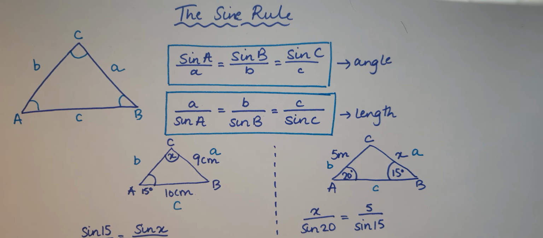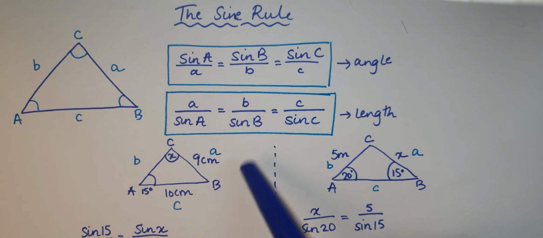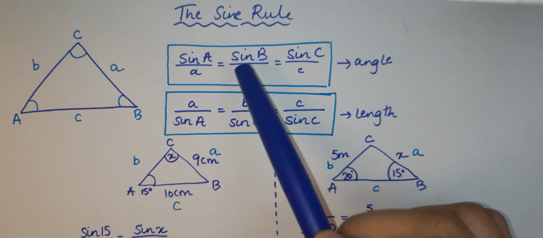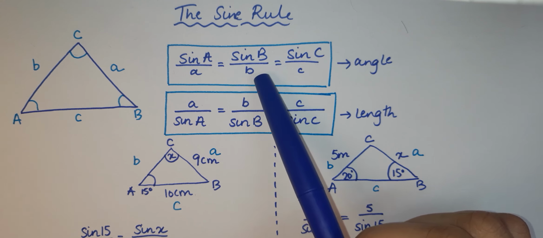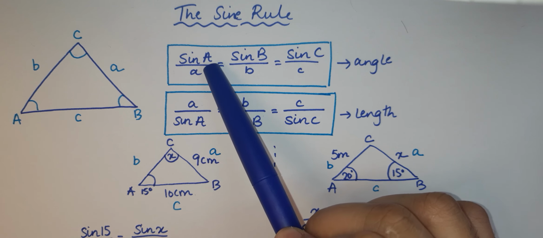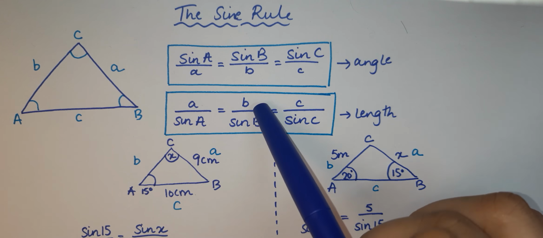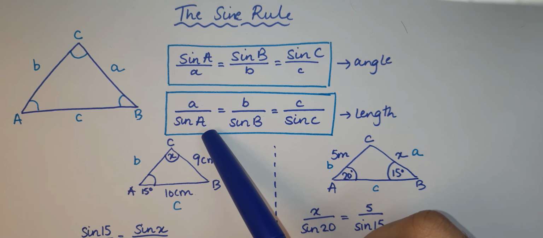So instead of having to have a difficult rearranging of the equation, if we wanted to find out sine of b and we had sine a, small a and small b, we would just move this b to this side instead of having to use this one and put b and then divide that by a over sine a.